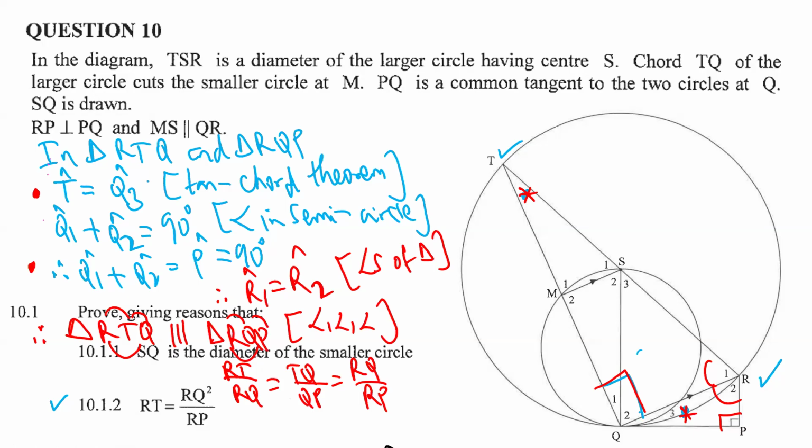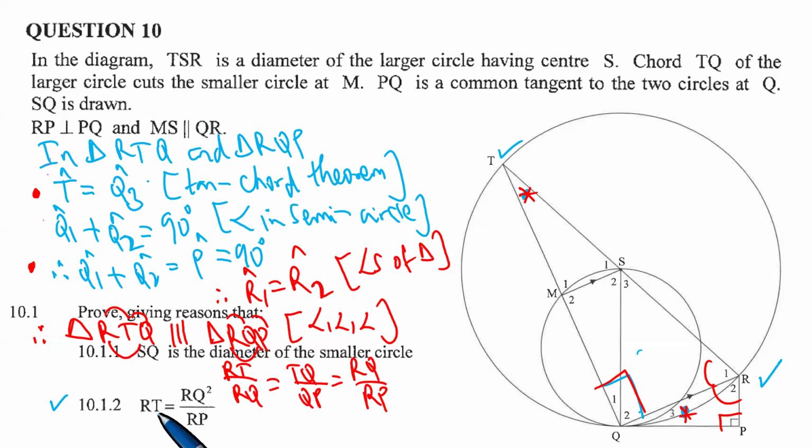If two triangles are equiangular, then the corresponding sides are in the same proportion and the triangles are similar. With these mentioned, we would have exactly the following.